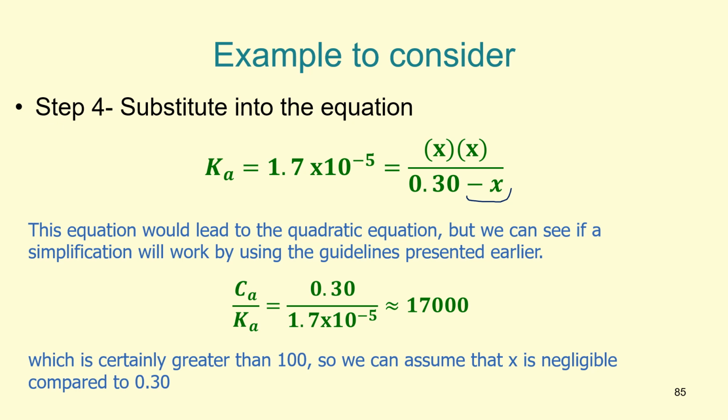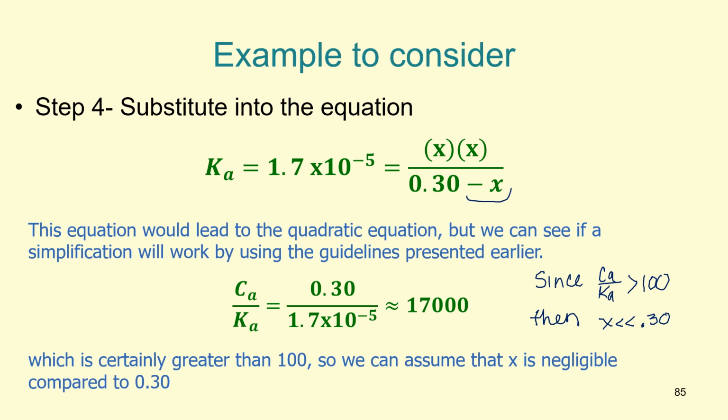You want to say why you're doing that. So this is a way that you could say, since Ca over Ka is greater than 100, then by what we defined, X is going to be much less than 0.3. So we can ignore it.